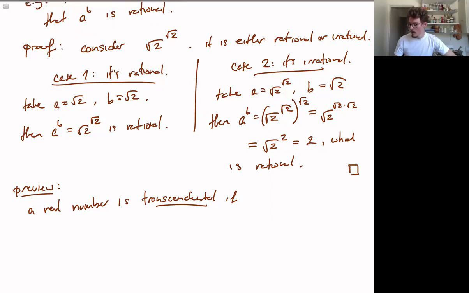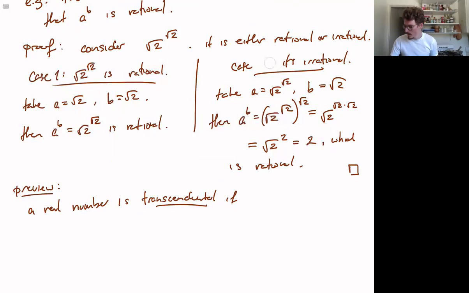Well, maybe I should have been more explicit. That is exactly what we're doing with the cases. So case 1 is root 2 to the root 2 is rational. Case 2, root 2 to the root 2 is irrational.